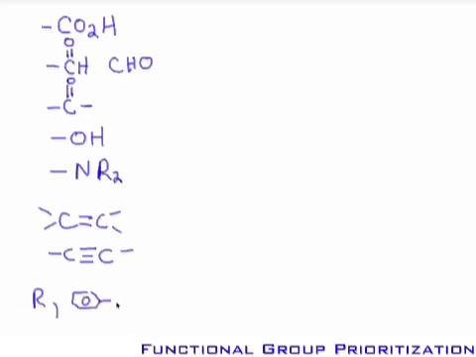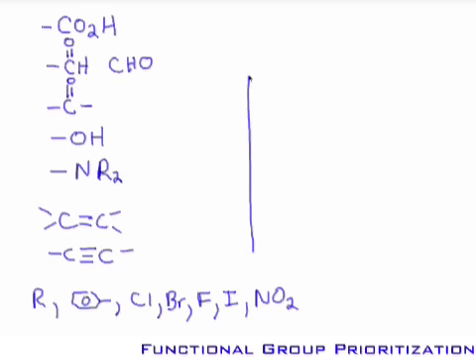We have our halogens, chloro, bromo, fluoro, iodo. The one we just did, our nitro, and other groups. These are the lowest priority. So this is increasing priority in this direction.